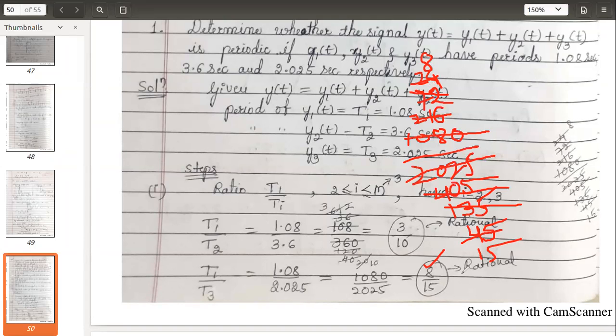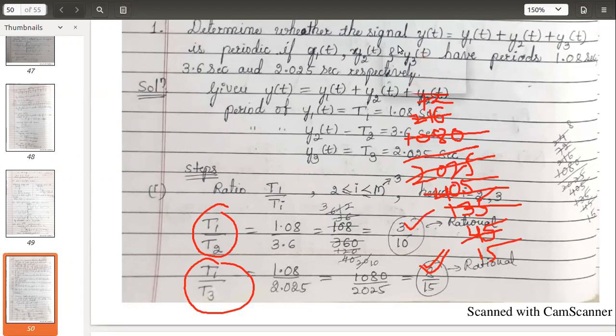Okay. Further you don't divide, and don't put it in fractions. I don't want a fraction. 8 by 15. Yes, the ratio is a whole number ratio, right? Integer numbers are there, so the ratio is rational. So the first step is complete. I have done the T1 by T2 ratio conversion. In both ratios I have found that the ratios are rational ratios.